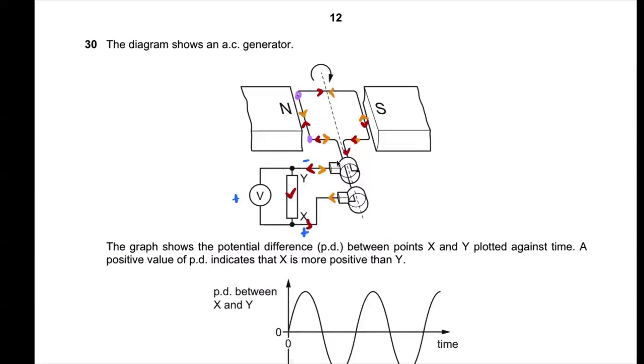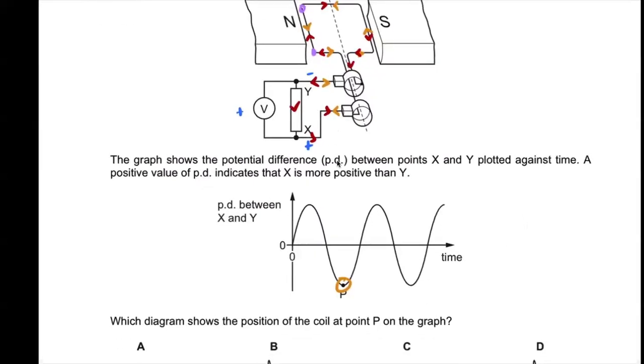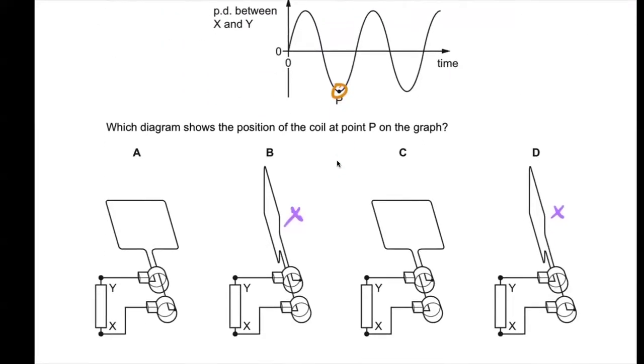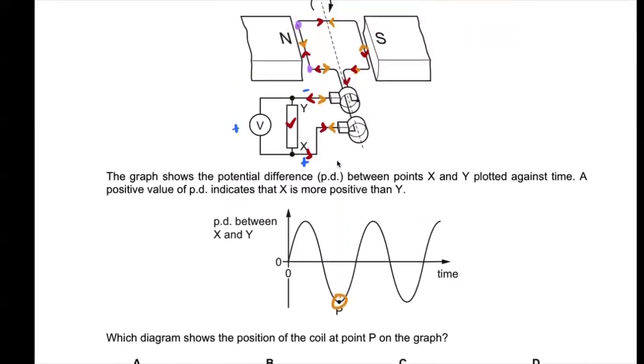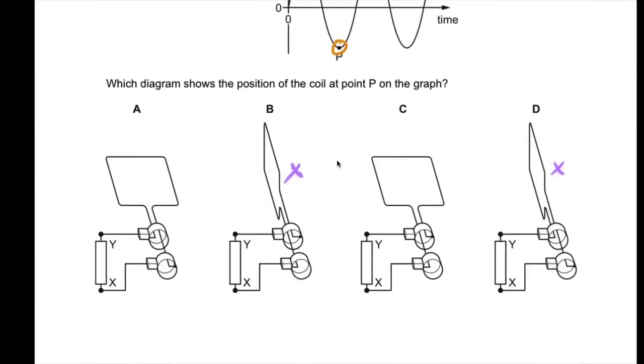For it to be flowing downwards through Y, the current must be flowing in the same direction here, like this, and hence it's going to go like this through Y, which is downwards, and then the rest. So C is correct.